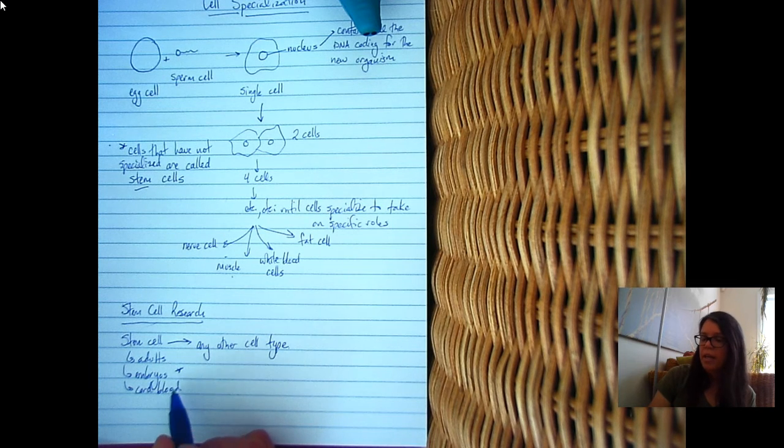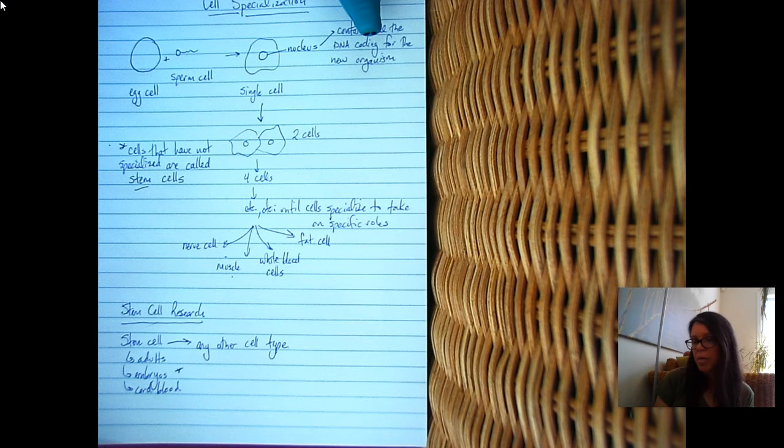Cord blood is once you have a baby, the umbilical cord. Within that, there are some stem cells. So you can do a couple things. You can donate your baby's cord blood like you would donate your adult stem cells for research purposes or for donation purposes.